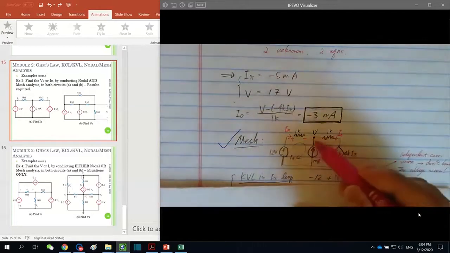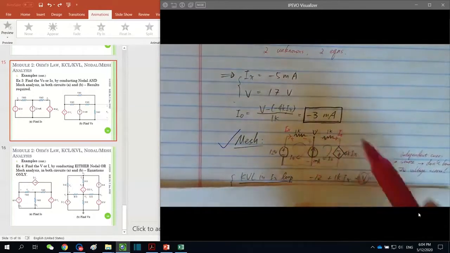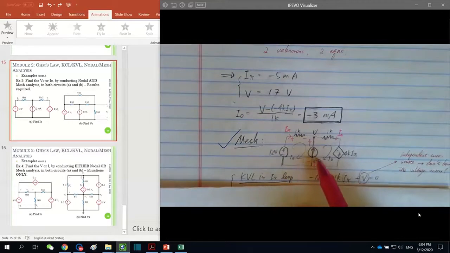And then plus the voltage across the independent current source. When we write KCL, we really like the current source, which provides us nothing but a current value. However, this is KVL. What we need is a voltage across it.